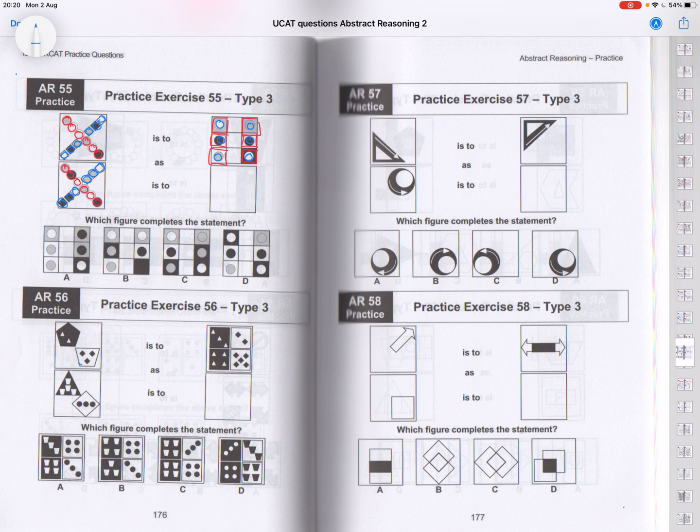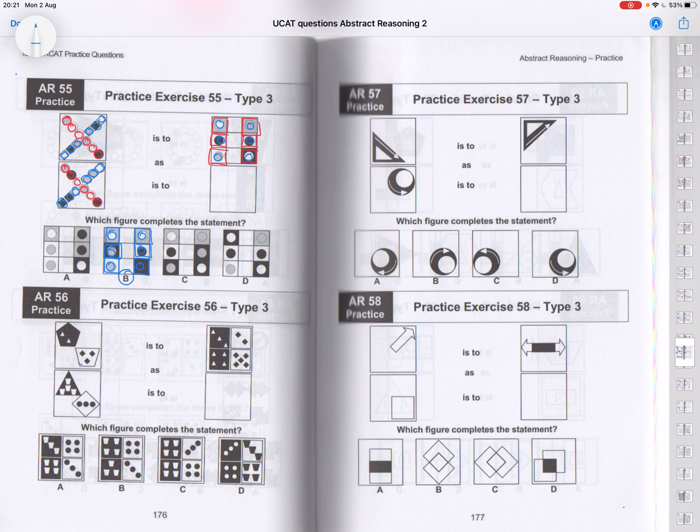Okay, so if you take a look at the examples there, we can see that the squares correspond neatly to grey, black, white, grey, white, black in B, with the circles black, black, white, grey, grey, white. So the correct answer is B.